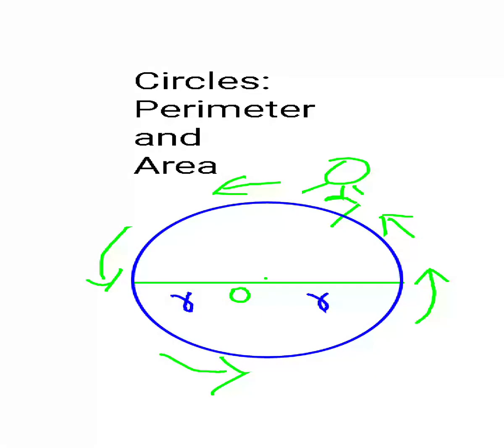What is a diameter? What is the length of the diameter? It is the longest line possible in a circle. This is its diameter.